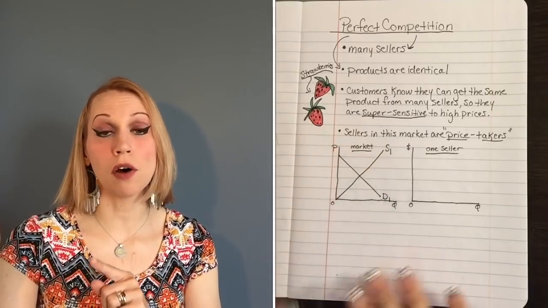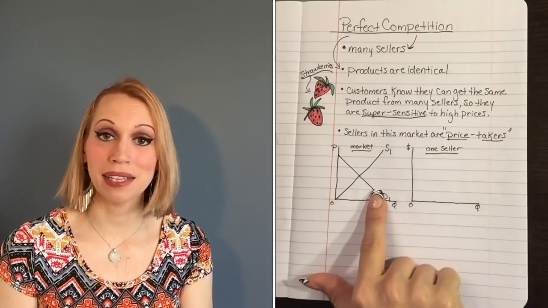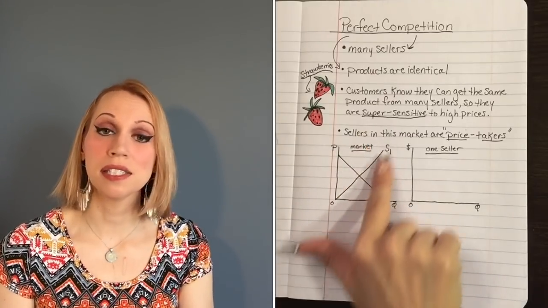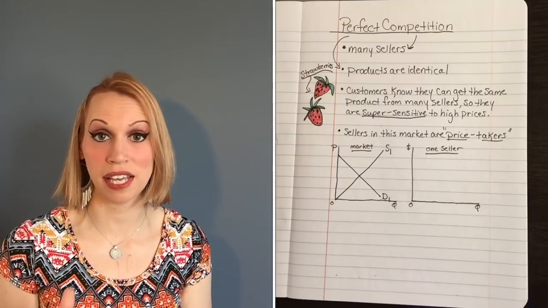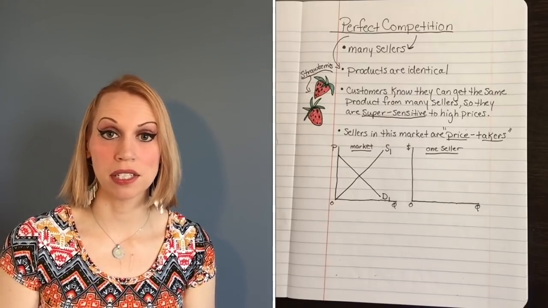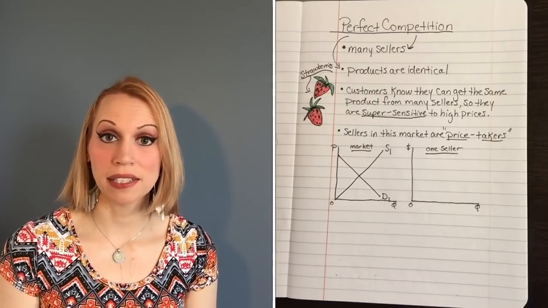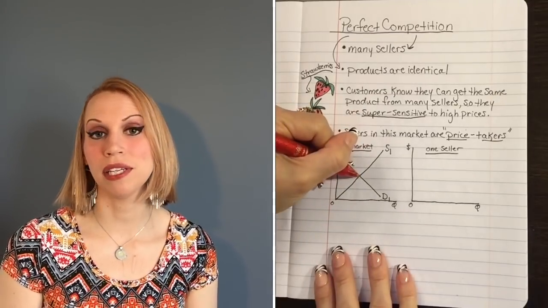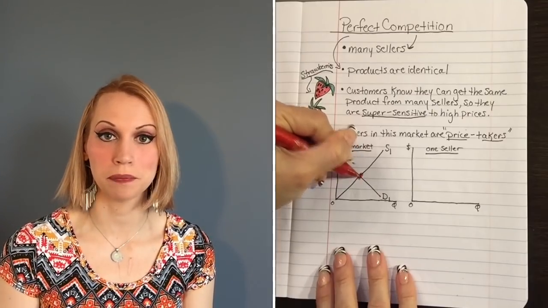This demand curve on the market graph is downward sloping because this is not the demand that's facing one seller. This is the demand that's facing all of the strawberry sellers collectively together. So the market demand curve is just downward sloping. Well, we have our great big giant X, and it's very clear to us that we can see equilibrium price and equilibrium quantity in the market.